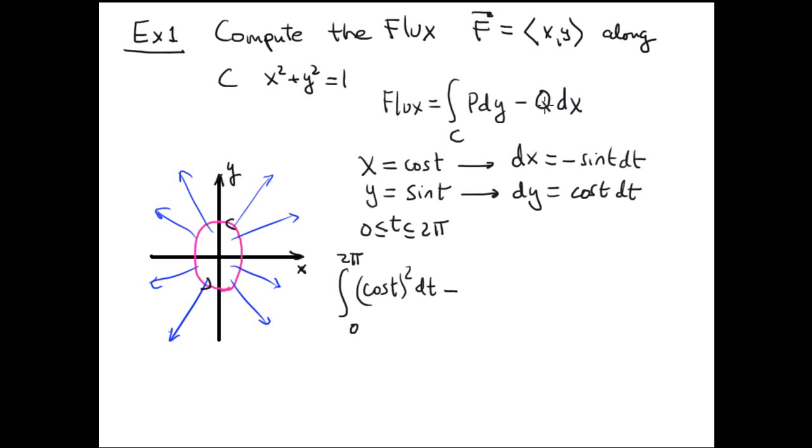Q is y, and y is sine t, multiplied by dx, which is minus sine. So it's positive sine square dt, and sine square plus cosine square is 1. Only dt stays, and the integral of dt from 0 to 2 pi, the answer is t evaluated between 0 and 2 pi, which is 2 pi. This is the flux. The flux is exactly the circumference of the circle.